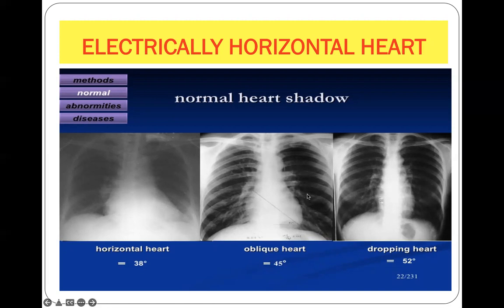This will push the heart to the left side. So it will make the heart move more toward lead one. So lead one will be more positive, but it will lead the heart to move away from AVF. So here AVF will be negative.